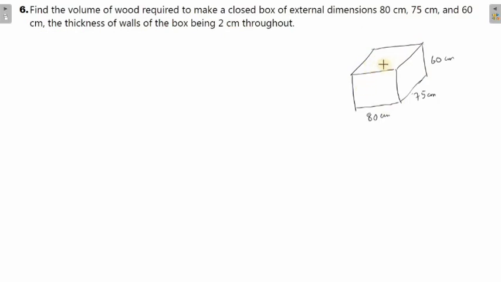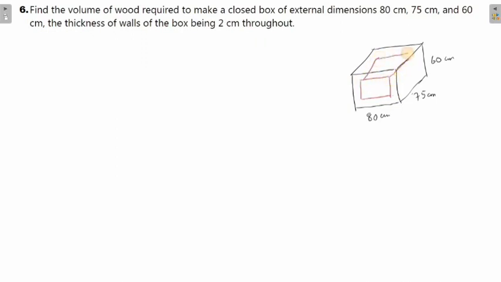Now inside this also we will have a smaller hollow cuboid. I'm sure you are able to understand what I am trying to say. I'm trying to say that inside this also you will have a small cuboid, whose dimension will be somewhat like this.